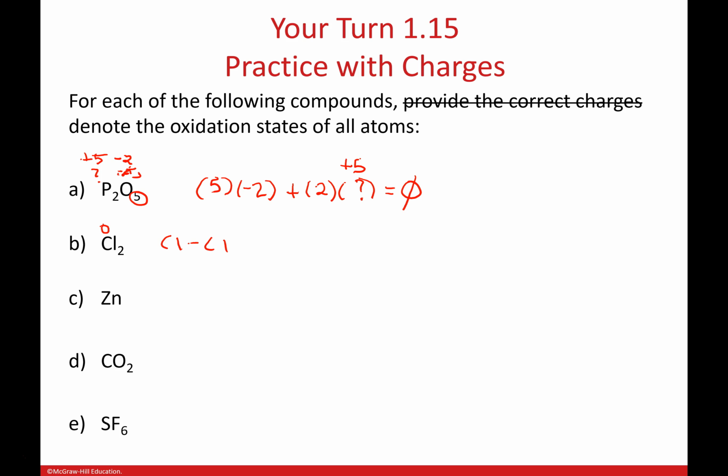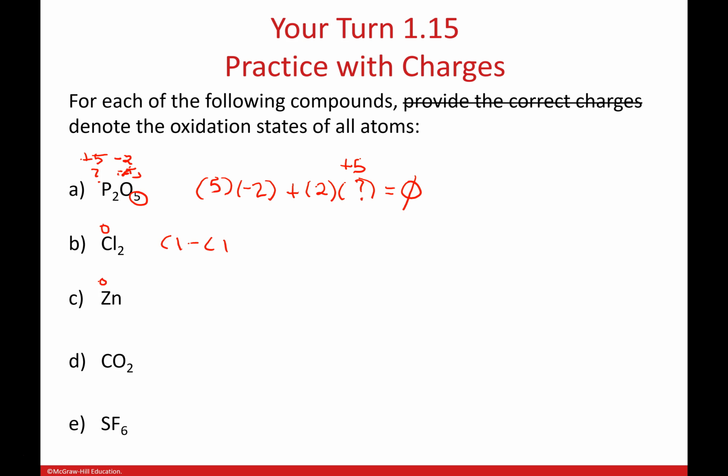Something that's not combined with anything else, just by itself. Now, in the case of Cl2, it's combined with another Cl, but they weren't combined with anything different. Okay. Well, let's go down to D.